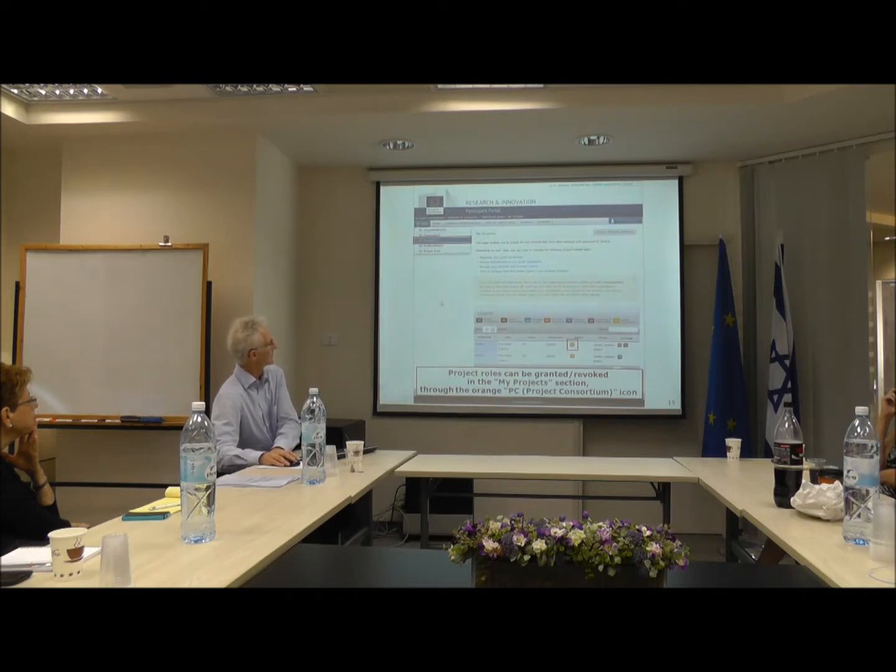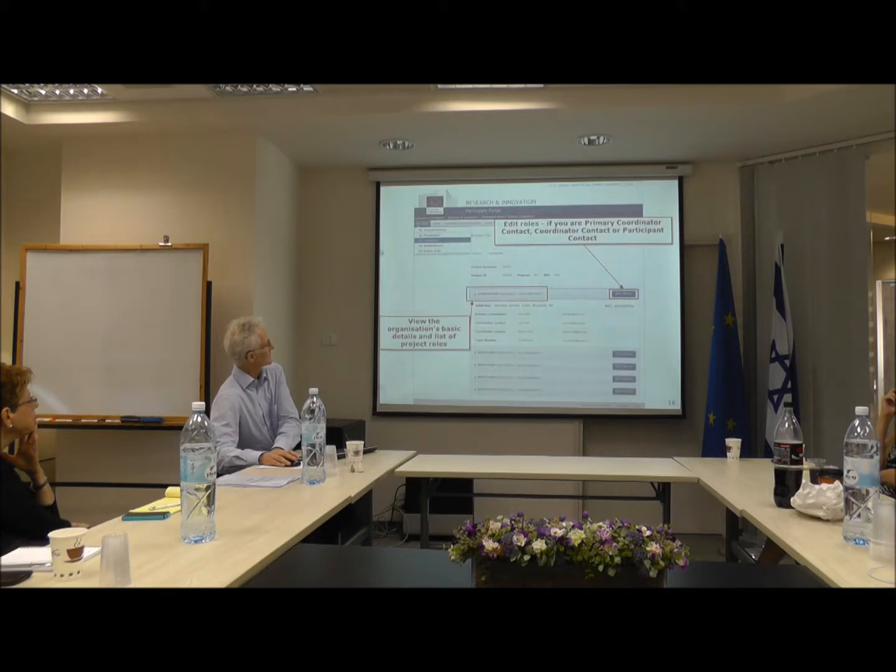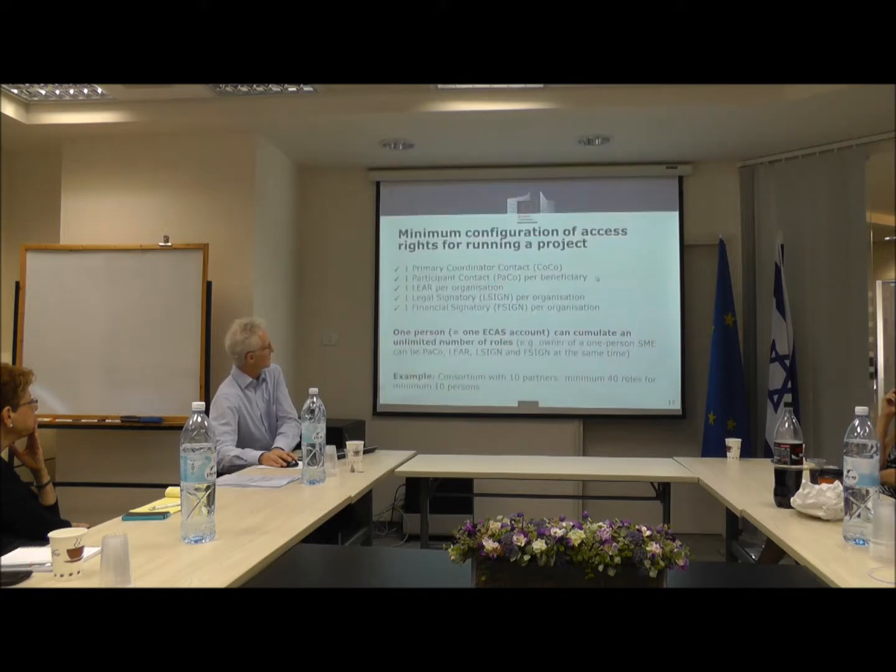When you click on this, you come into a screen with a tab called Consortium, and you can collapse and expand the section for each organization by clicking on this accordion-type presentation. Then, if you have a role in the coordinating organization, you click here and you come to a screen where you can assign new roles.